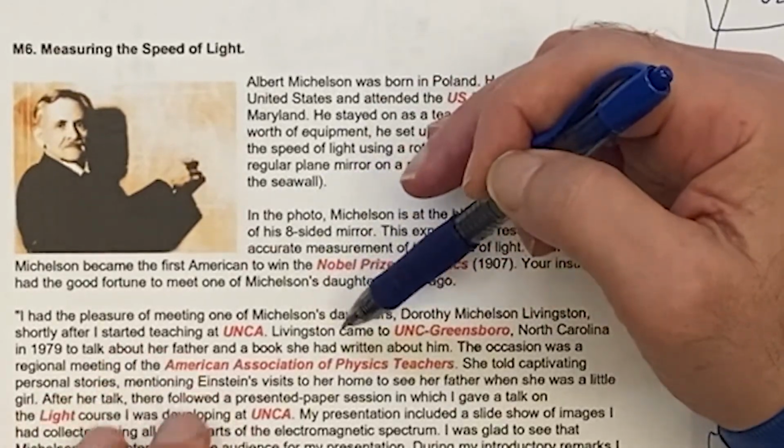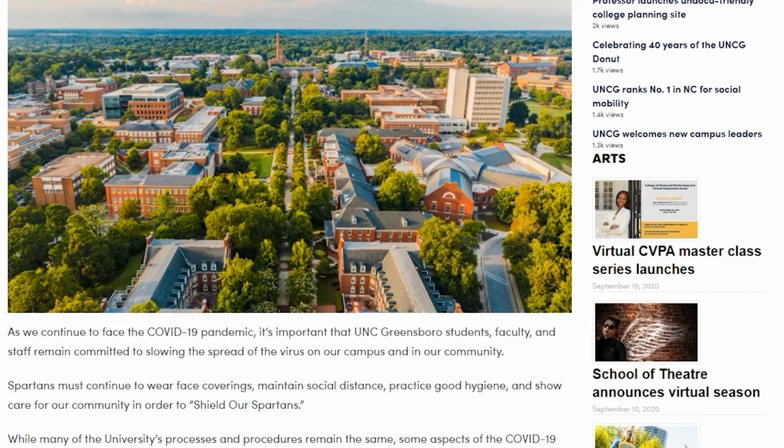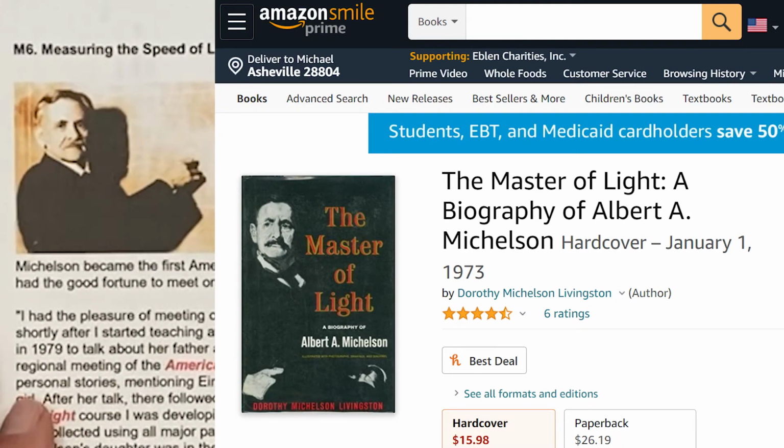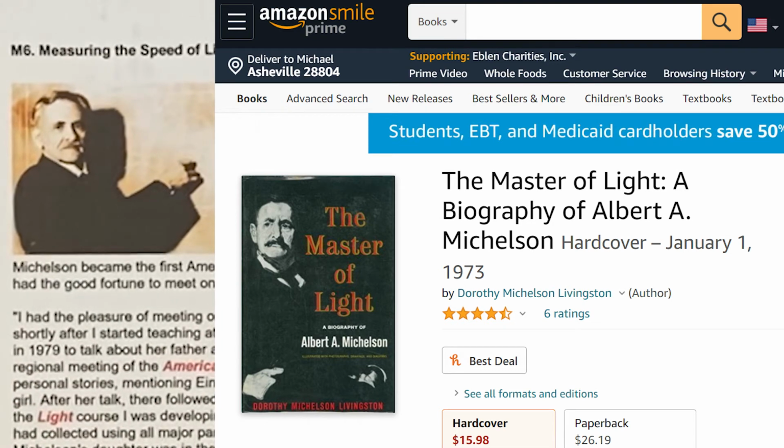She came to Greensboro in 1979 when I first started teaching at the University of North Carolina, Asheville, and she was talking about her daddy and Einstein and telling stories, and had a book written about her dad. After I gave a presentation on my liberal arts optics course, I was so glad she had come. She came up to me excitedly and said, "I want to take your course."